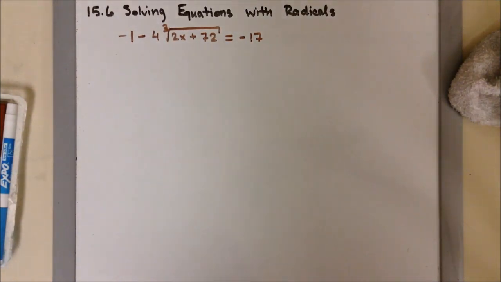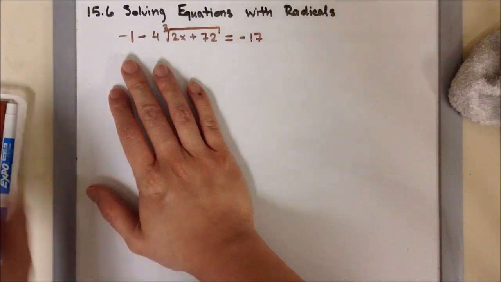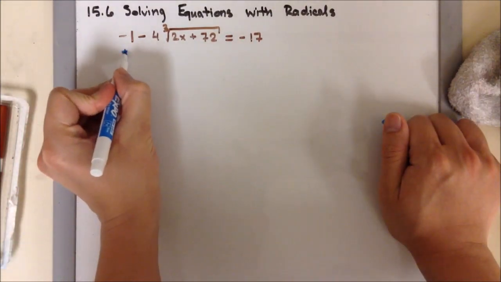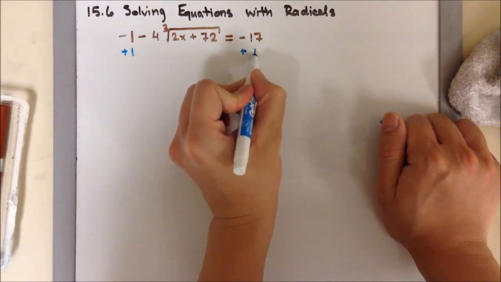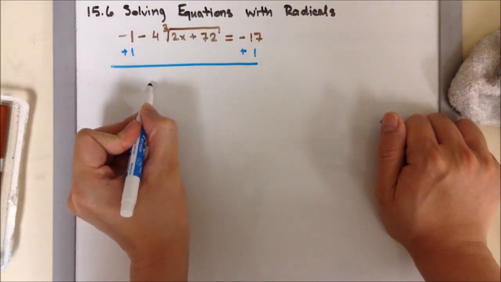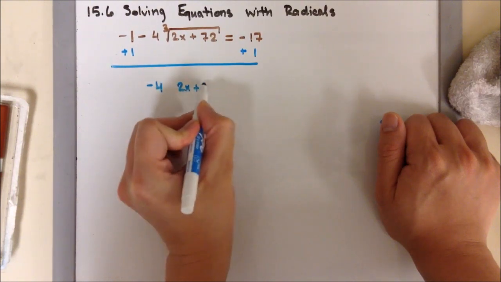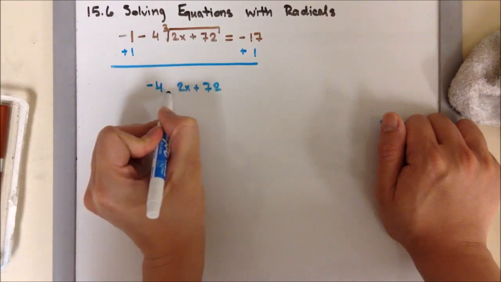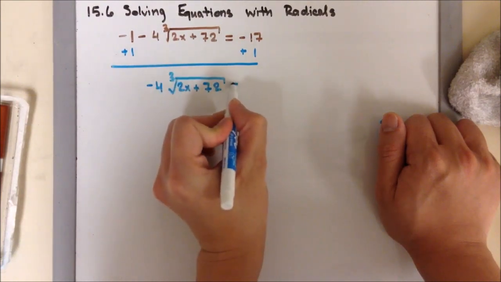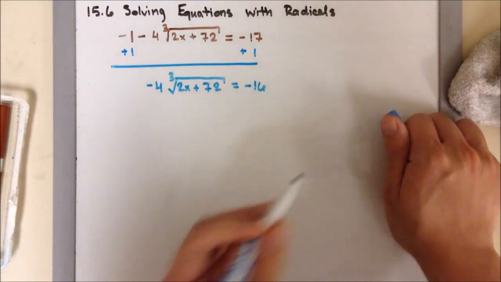So let's start off with, I need to cancel off my -1. So I'm going to add 1 to the left side, add 1 to the right side. So I'm going to have, on the left, my -4 times the cube root of 2x plus 72 equal -17 plus 1 would be -16.